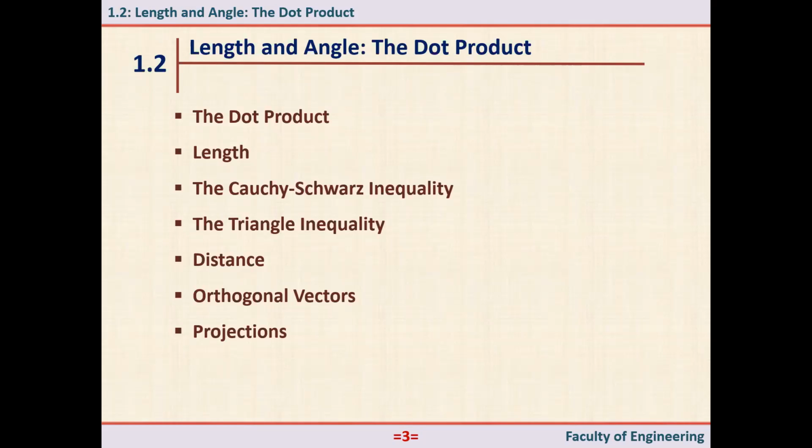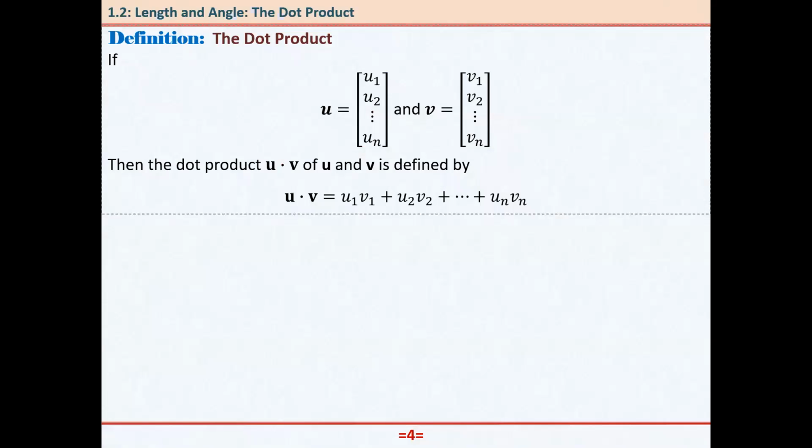And the projection of one vector onto another vector. Later we will see the projections of vectors on a plane. Let's start with the dot products.